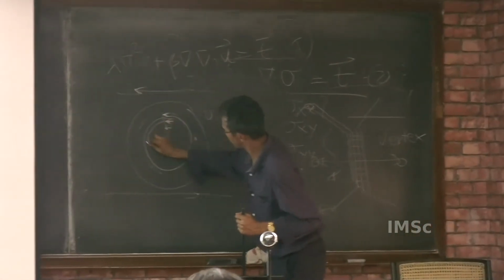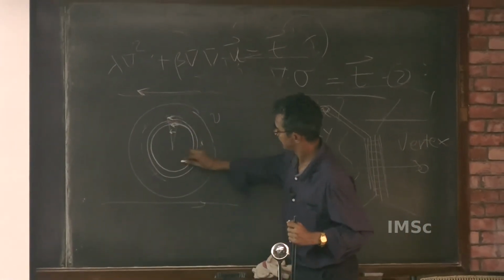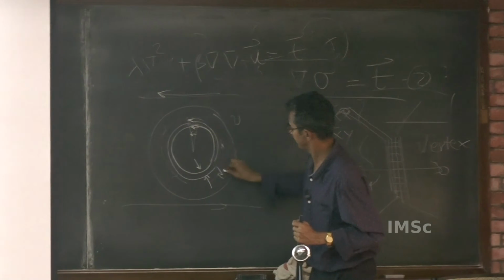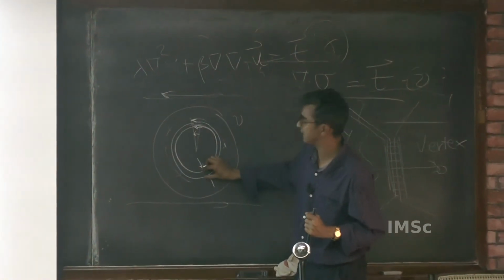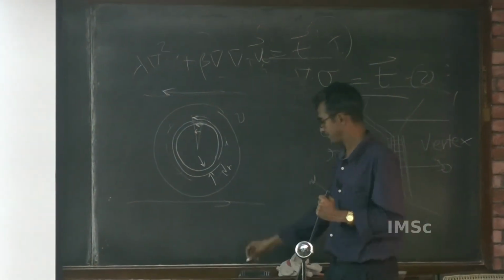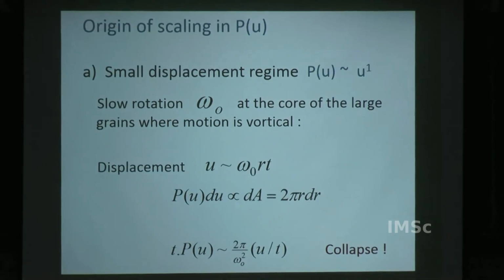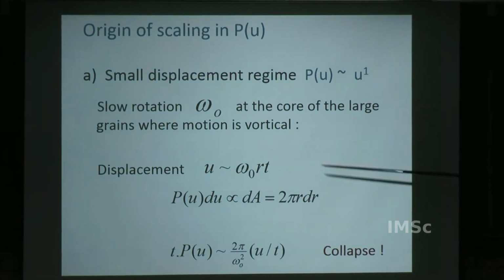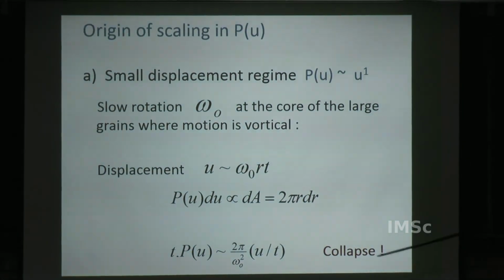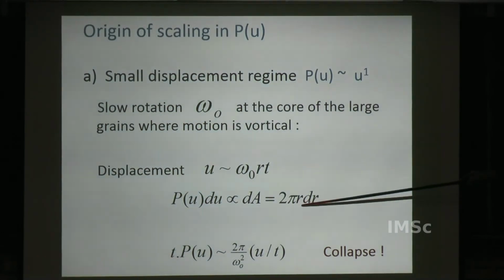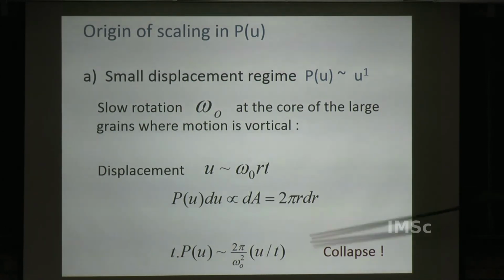A small strip of thickness dr will contribute a certain value of u. So P of u du is proportional to the area of that strip, which is 2 pi r dr, and then you use the relation that you have and get rid of this r, then you find this, which is exactly the reason, with a scaling exponent 1.